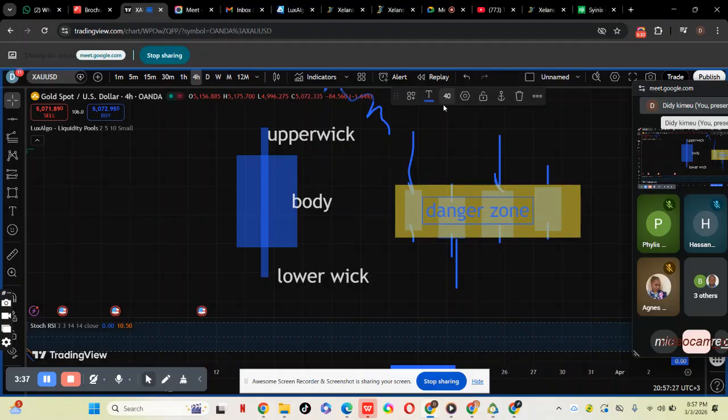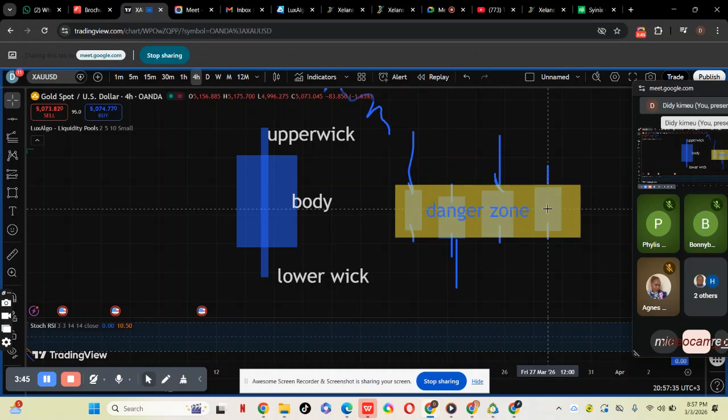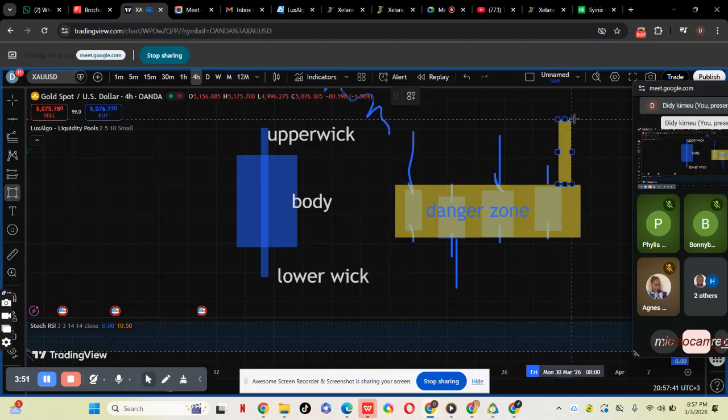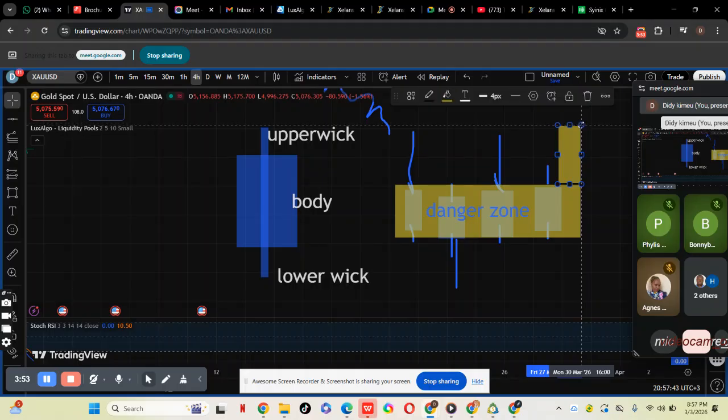So how do we know we are out of this danger? Because we said a consolidating market is a dangerous zone. Remember, we wait for the candle that will close comfortably above that region.